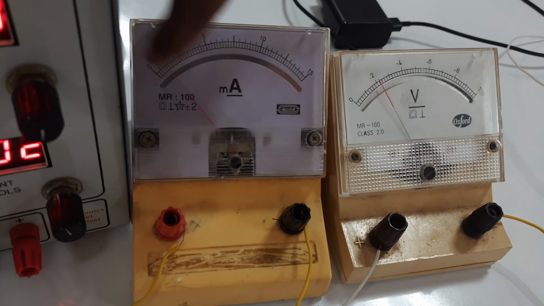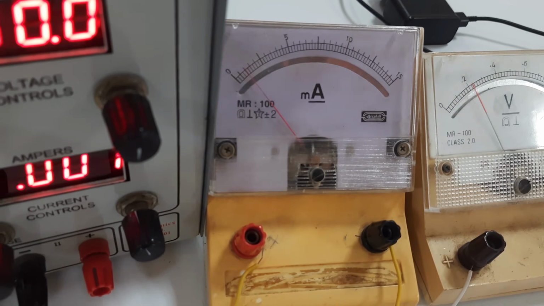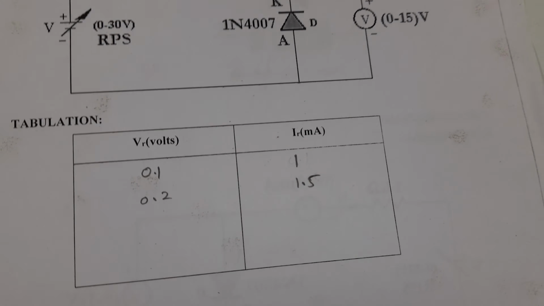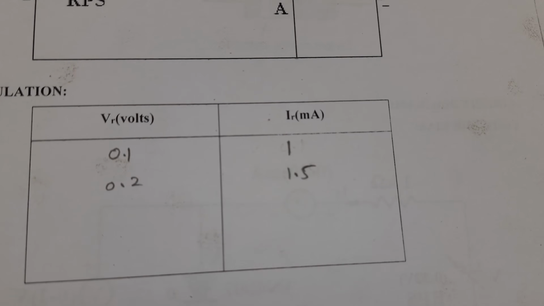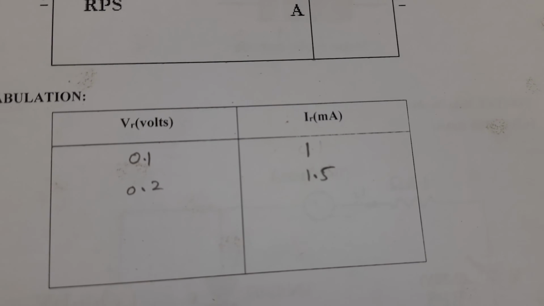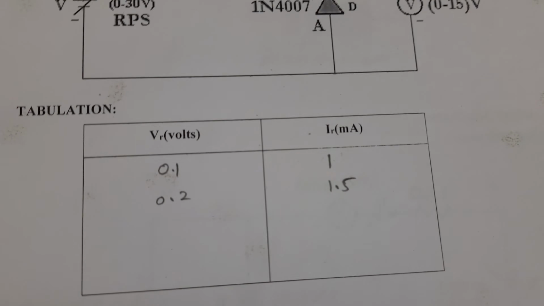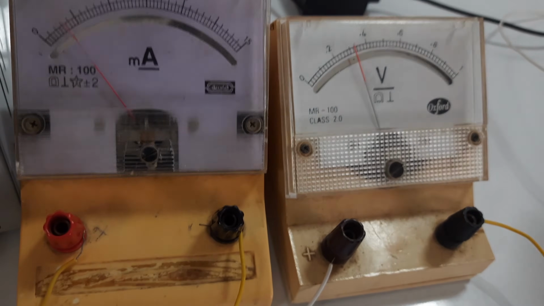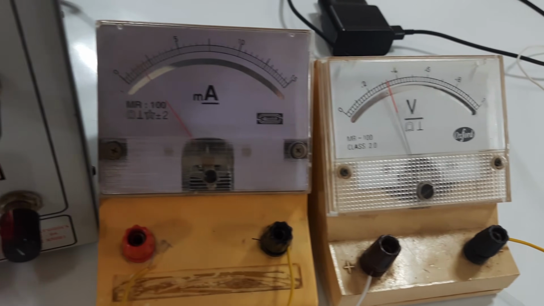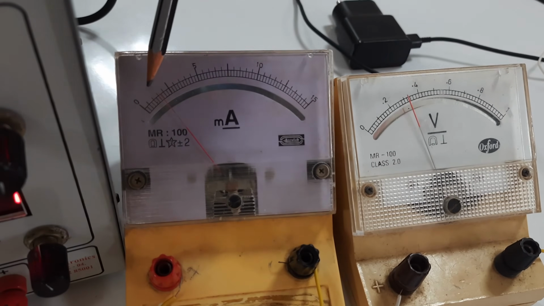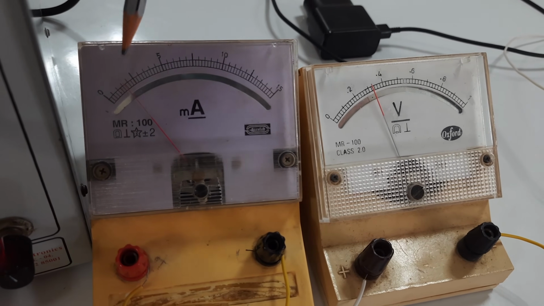At that time also only a minimum current will be flowing. Second reading is 0.2 volt, and at that time the current is 1.5 milliamps. Current flow is very minimal up to the cutoff region voltage. Third reading I am keeping as 0.3 volt. At that time also the current is below 2.5 milliamps.